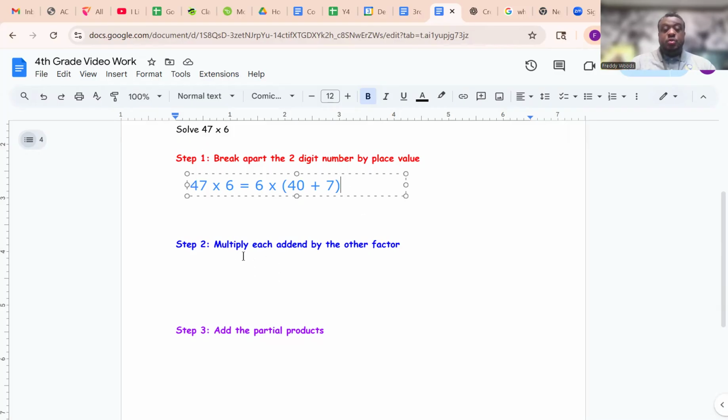Now I'm going to go to step 2. I'm going to multiply each add-in by the other factor. So both of these add-ins, 40 and 7, I'm going to multiply by 6. Let me show you how I'm going to do that.